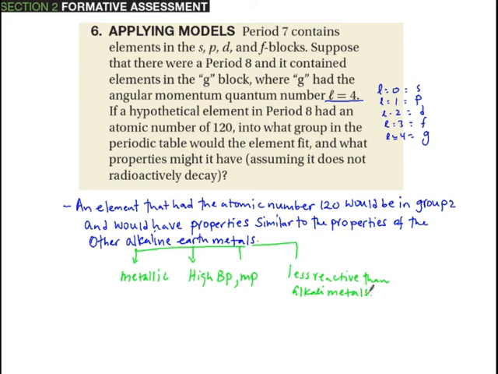So this is how we can describe the physical and chemical properties of alkaline earth metals. They are metallic, less reactive than group 1 or alkali metals, but more active than the transition metals. So these are the points.